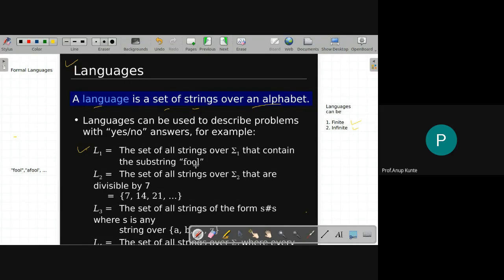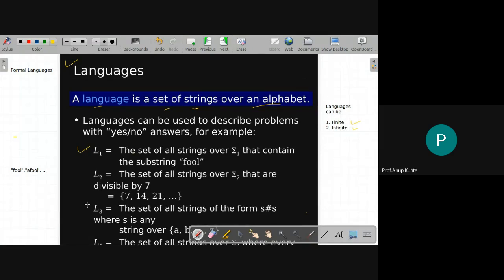There will be a lot of such strings available if I'm talking about sigma 1, which is the set of English alphabets, small case A to Z. I can generate numerous kinds of words in English from these alphabets, and some of them may have fool as their substring, some of them may not. So what we are doing here is collecting all the words which have FOOL as part of that particular string, as a substring.